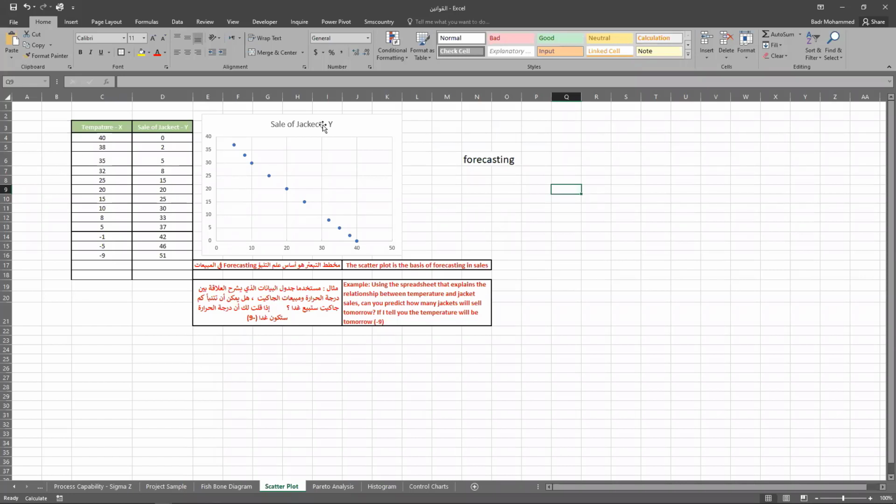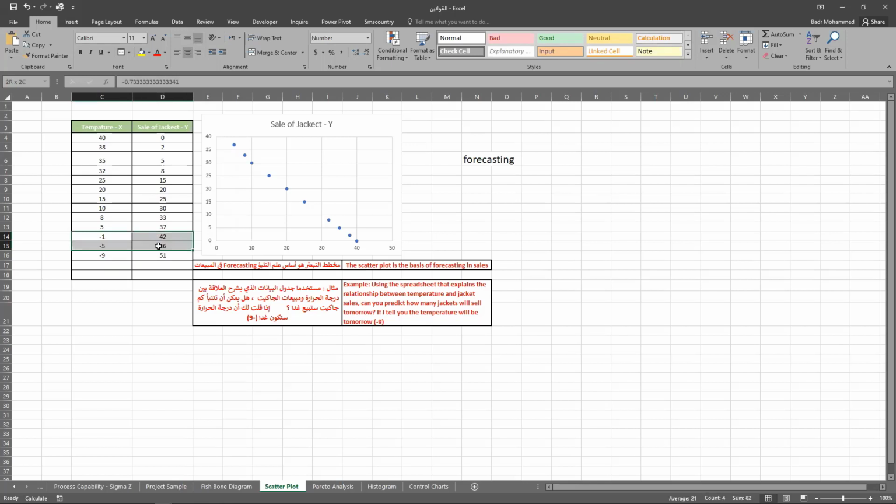For example, when the temperature is 40 degrees, we didn't sell anything of the jacket. When it was 38, we sold 2 pieces, and so on. When it was 5, we sold 73. So from here you can forecast, when it is -6 or -7 or -10, how much you will sell.